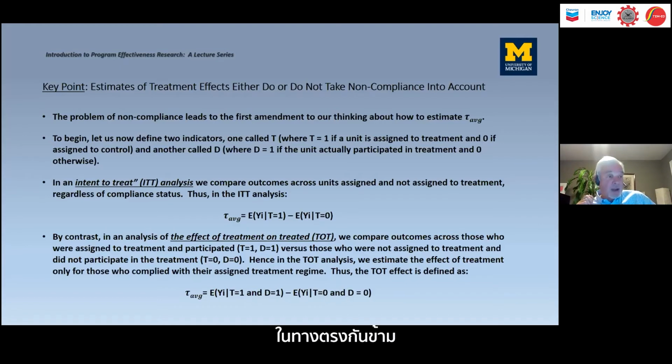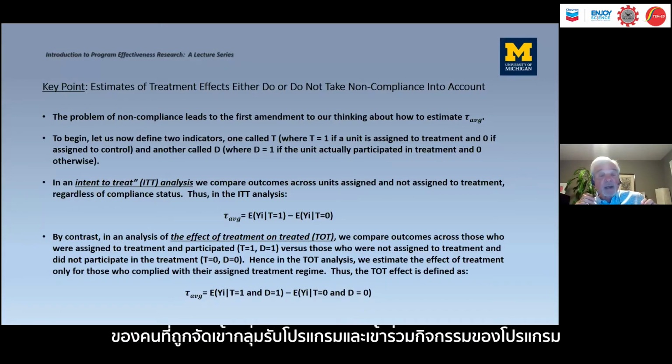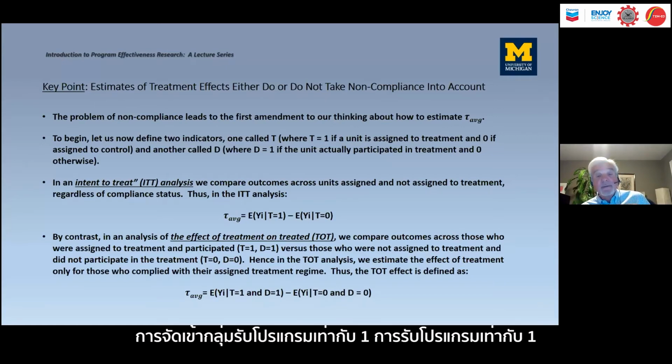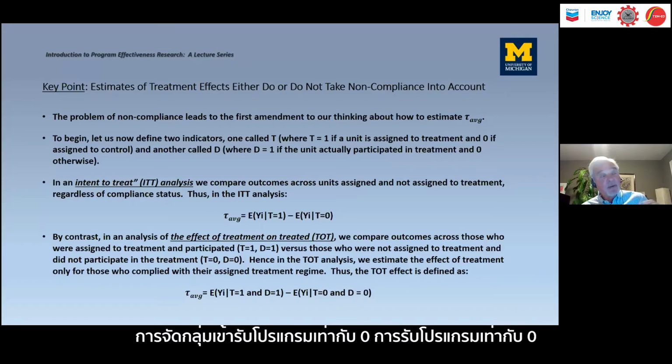By contrast, the effect of treatment on treated involves comparing outcomes across those who were assigned to treatment and participated. Treatment assignment equals 1, treatment take-up equals 1, versus those who were not assigned to treatment and did not participate in treatment. Treatment assignment equals 0, treatment take-up equals 0.